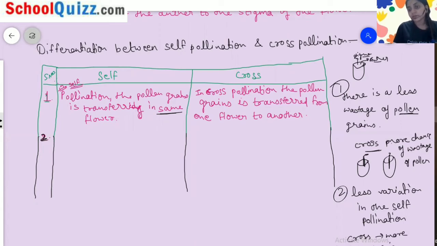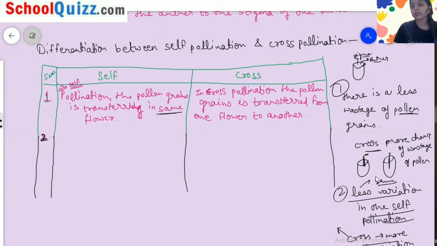Because here different flowers are used, and here it is happening in the same flower. You have read about variation: the more variation, the more is the chance of survival in the environment, because we do not know what happens in the environment suddenly. So there is more variation in the cross pollination and less variation in the self pollination.